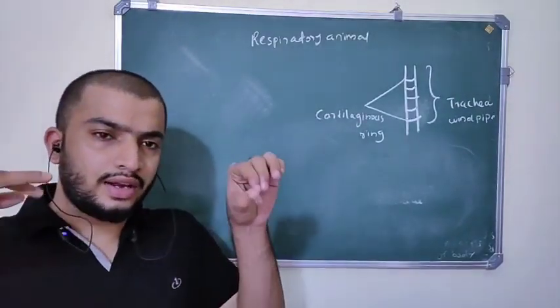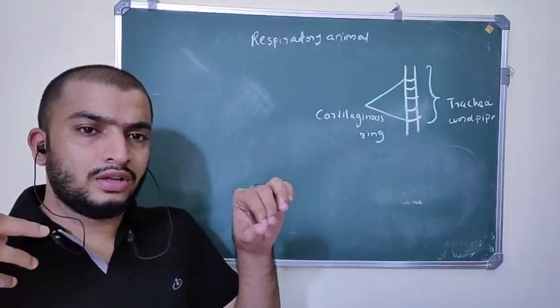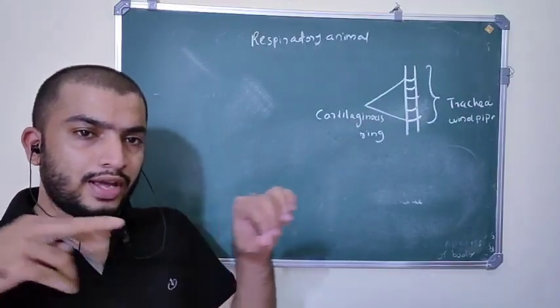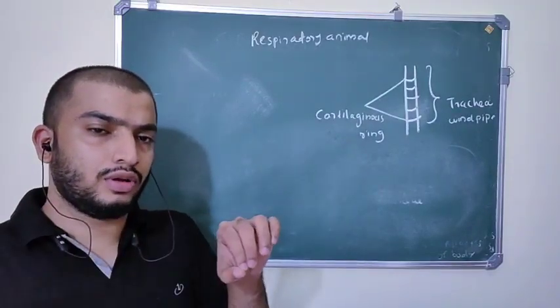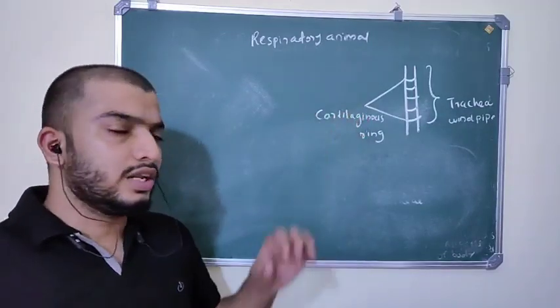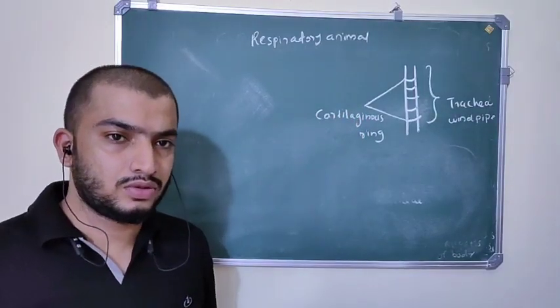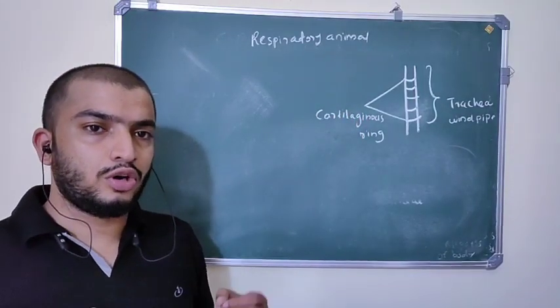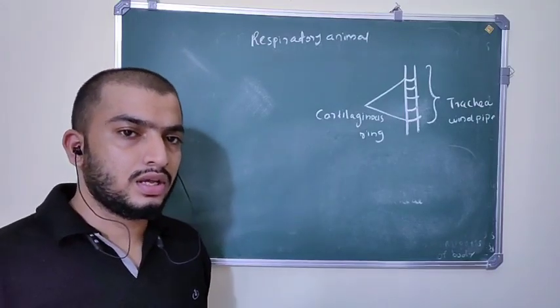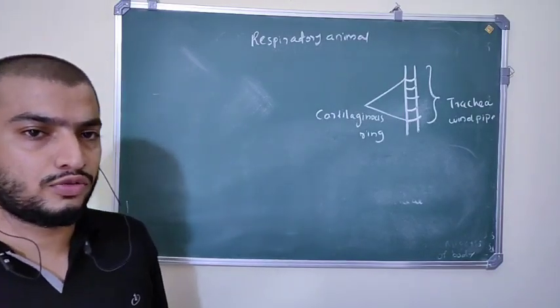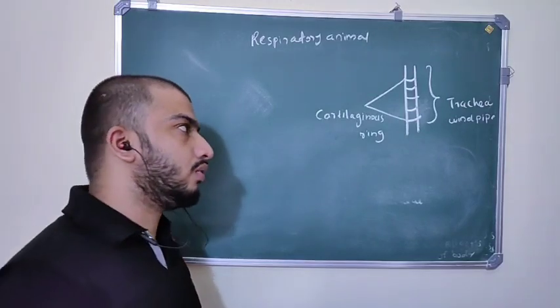When air enters the trachea, the cartilaginous rings help in the free passage of air through the trachea or windpipe.